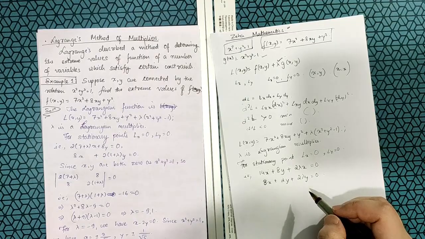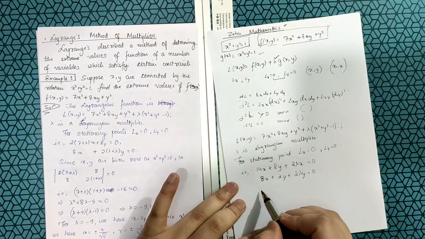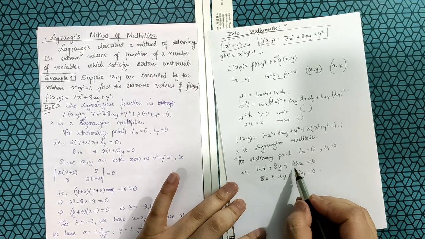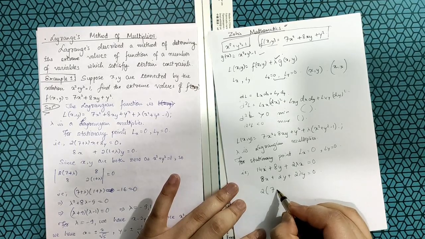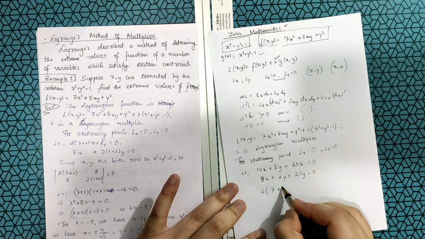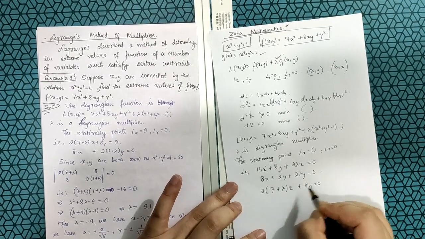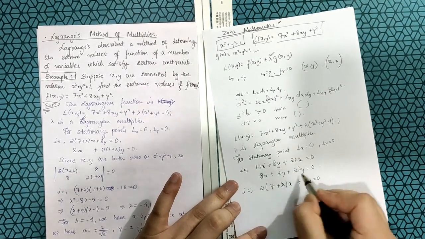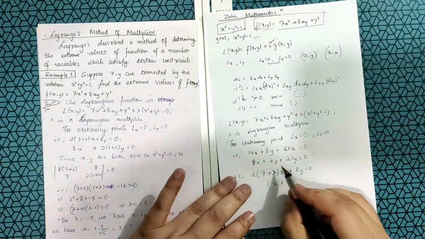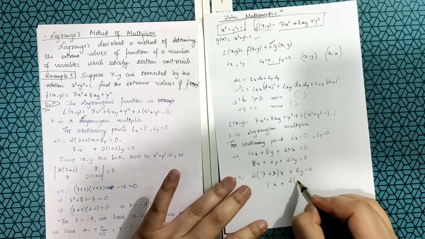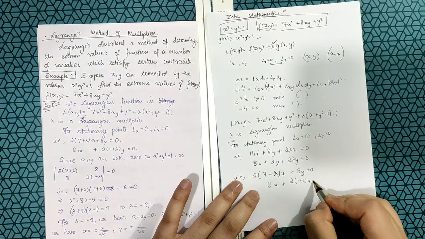So now let us check. We can write this with 2 common: 2 times (7 plus lambda) x plus 8y is equal to 0, and 8x plus 2 times (1 plus lambda) y is equal to 0.